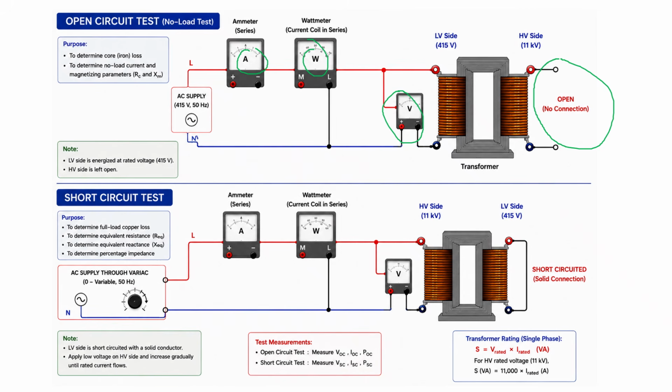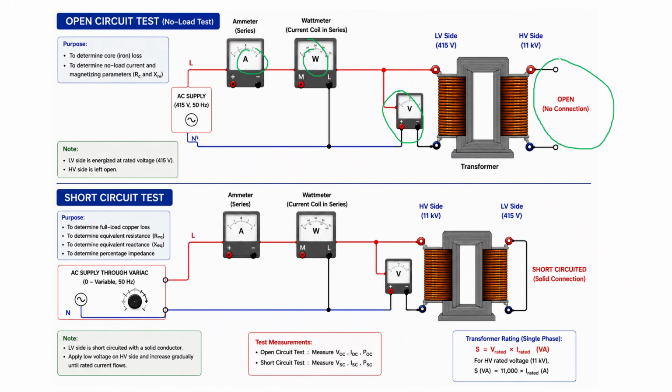One thing is clear now: we will not have current flowing to the high side because it's open. All current passes through the core resistance and the reactance. So we have here a meter for active power measurement, current, and so on.